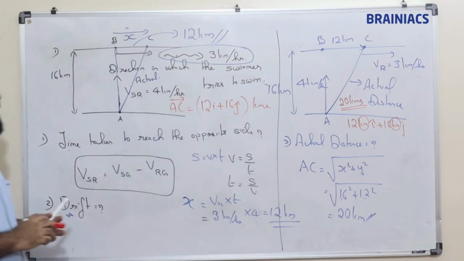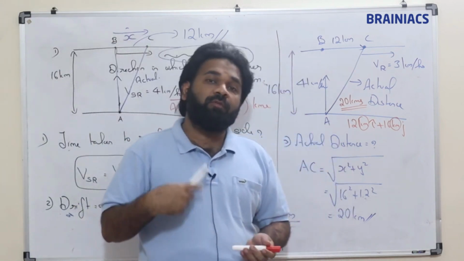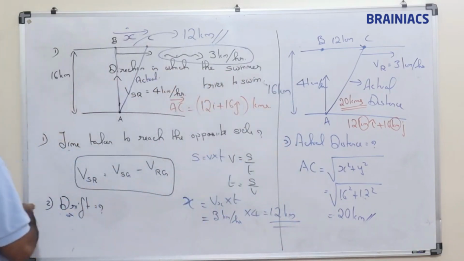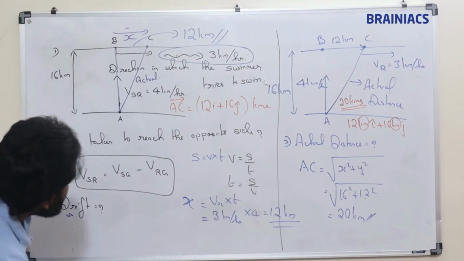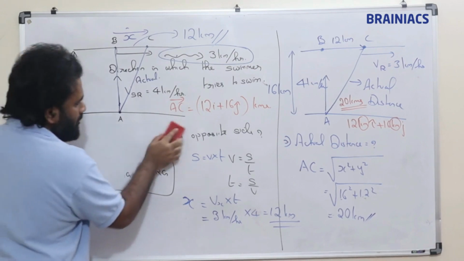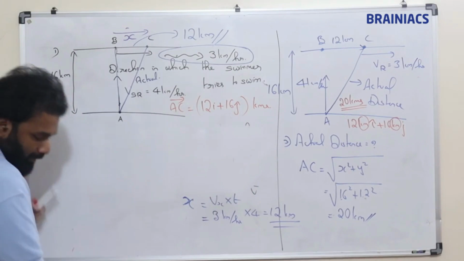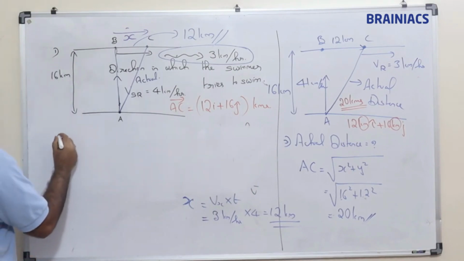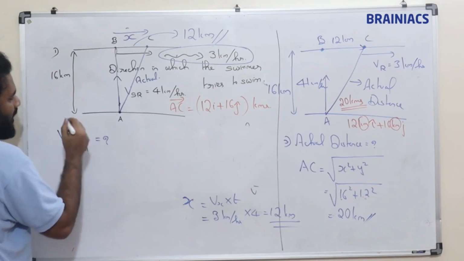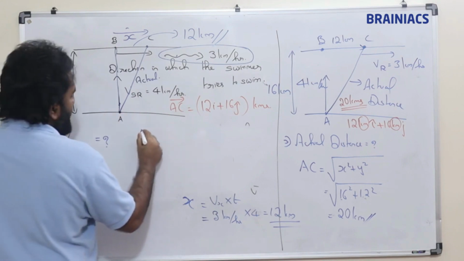Clear? Now for a person standing on the ground, how much velocity will he feel? Shall I raise this? The velocity of the swimmer with respect to ground, for a person observing from here, what will he feel?